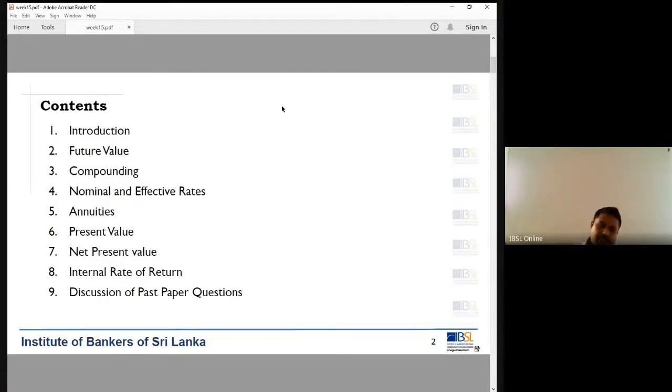If you look at this entire section, area number 7 is the key focus of the lecture, where you will understand how to calculate the net present value of a given set of cash flows. Once you have a set of cash flows for a project, you will understand that you can't compare those cash flows unless you compare them in a constant time period.